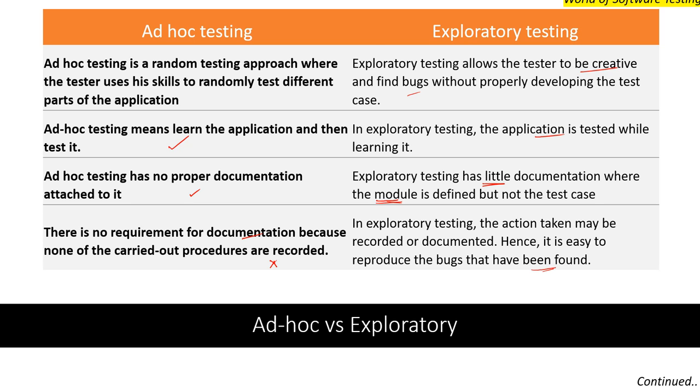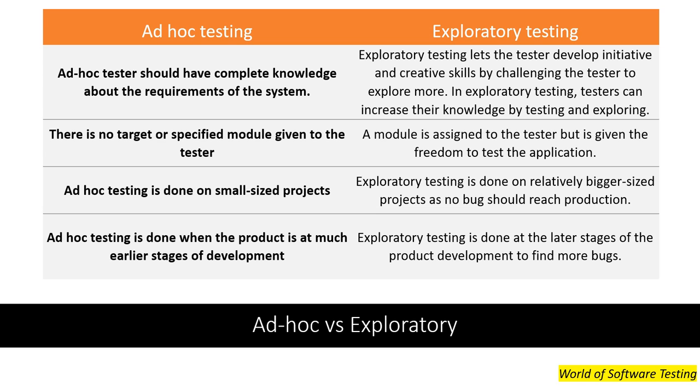So these are a few differences here. Next, the ad hoc tester should have complete knowledge about the requirements of the system. As we have already discussed, he should have domain knowledge and knowledge of the requirements of the system under test.